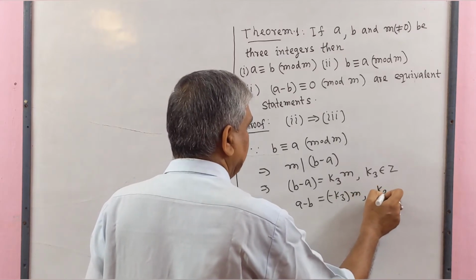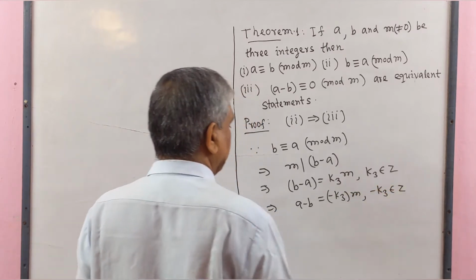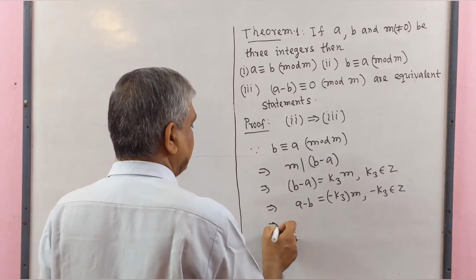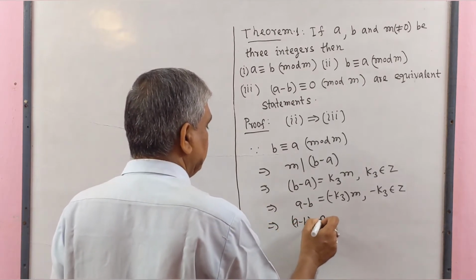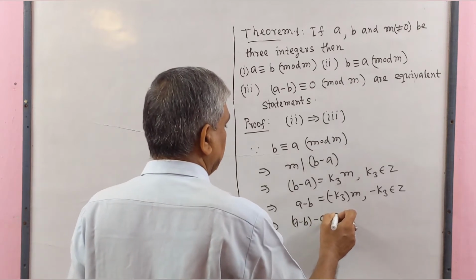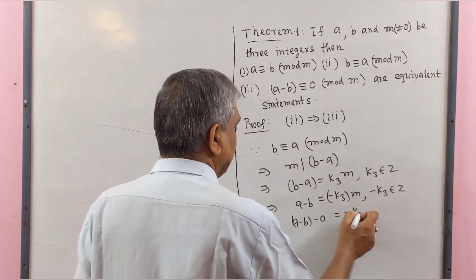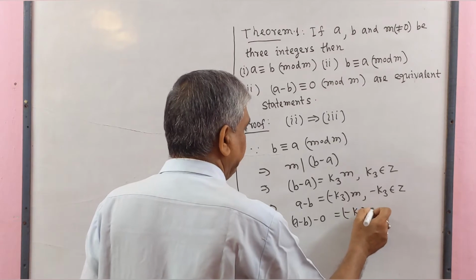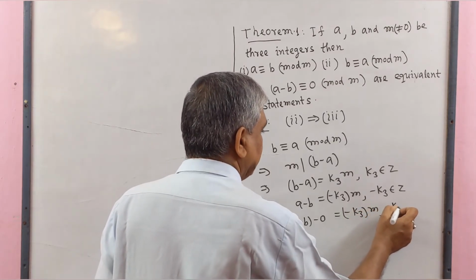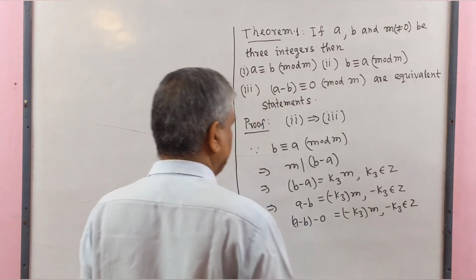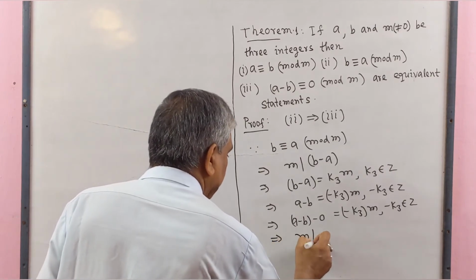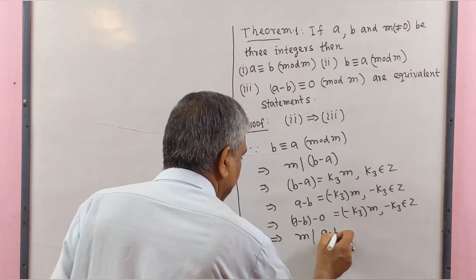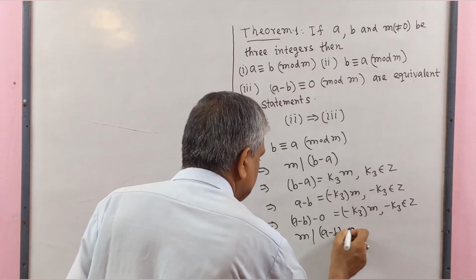Minus k3 is an integer, which implies that a minus b minus 0 equals minus k3 m, so m divides a minus b minus 0.